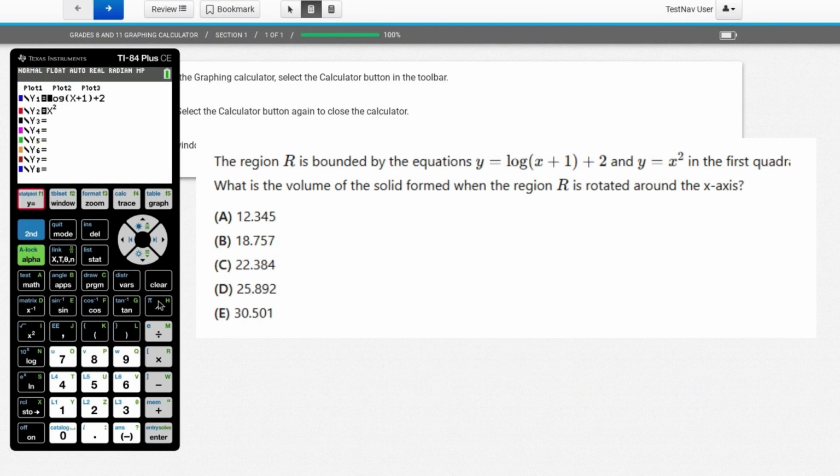All right, so let's set up our integral. Let's go back here. I don't need this anymore. Clear, clear. Now, I'm going to throw pi in front of everything. Pi. Okay.